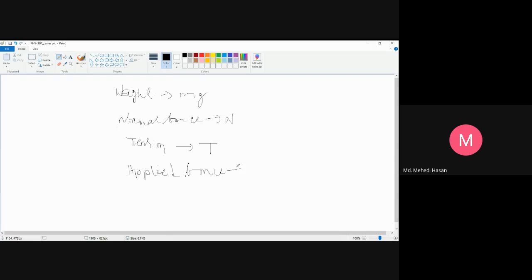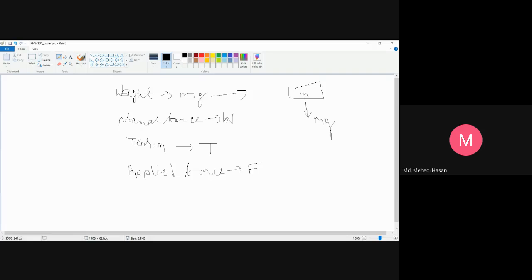Applied force is mainly F, any kind of external force or applied force. And weight is always present in an object because if you consider the mass is m, then weight is downward, which is mg.